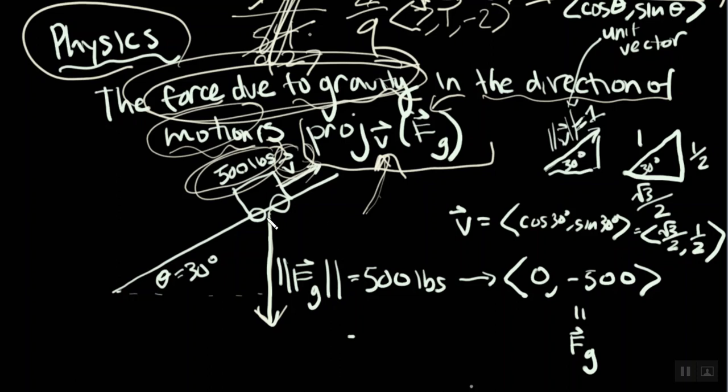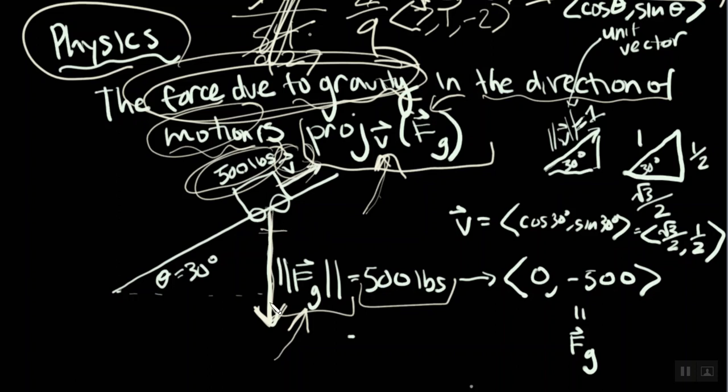So in this case, the force due to gravity, which we can connote as, well, the vector of the force of gravity. So the norm of that would be the magnitude, and that would be the weight. So the weight is 500 pounds, and we know that gravity points straight down, and when things point straight down, you know that there's no x component because it's not changing in the x direction.